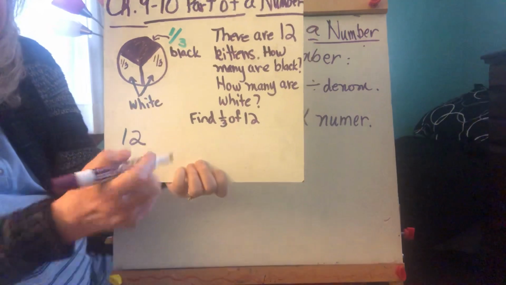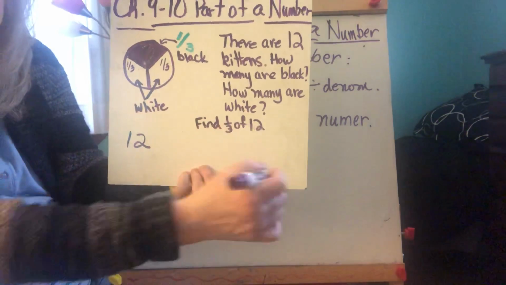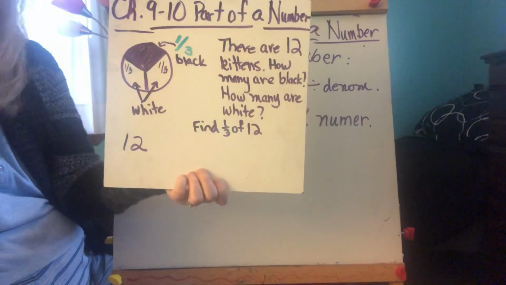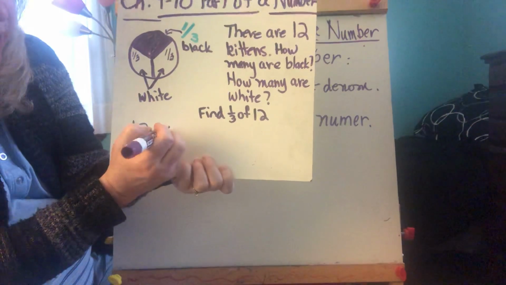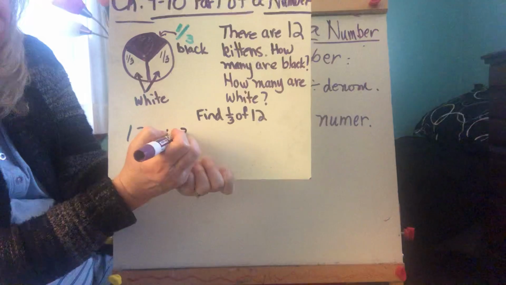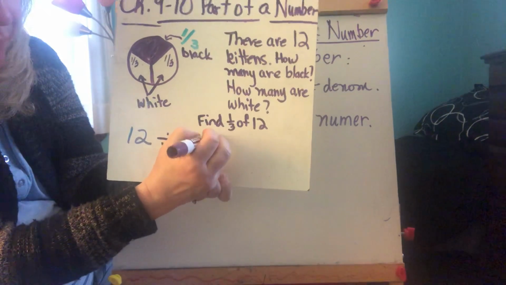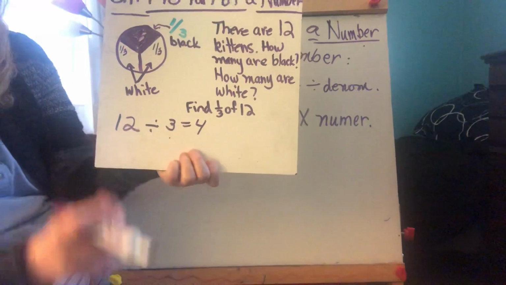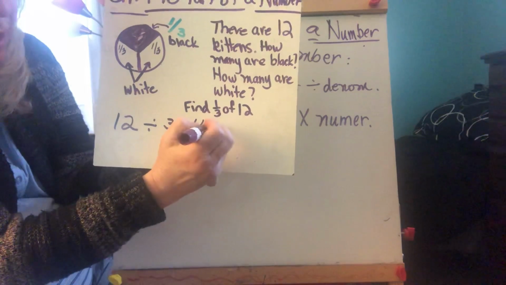Or you could draw a picture and say group 1, group 2, group 3, and then put little dots or boxes or circles or something in each group until you got to the number 12. And you would see that 12 divided into 3 groups equals what? Right, 4. So 1/3 equals 4. So 4 kittens are black.